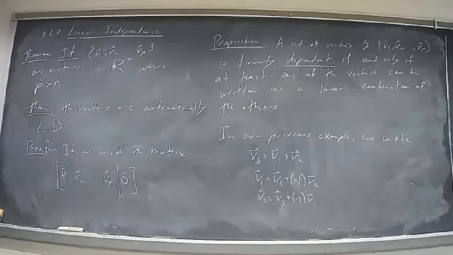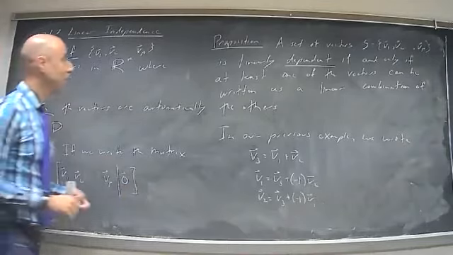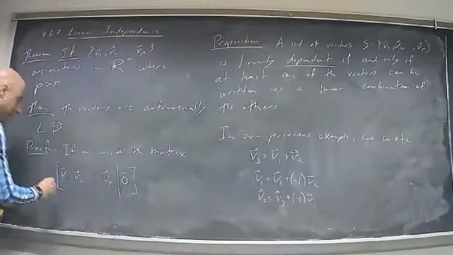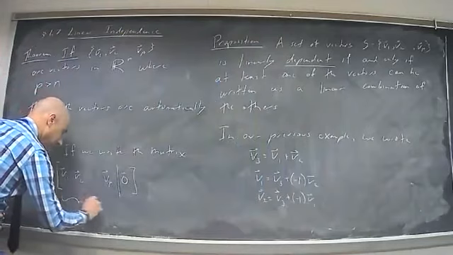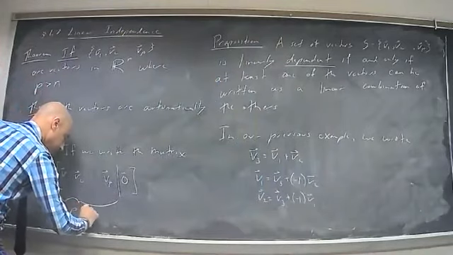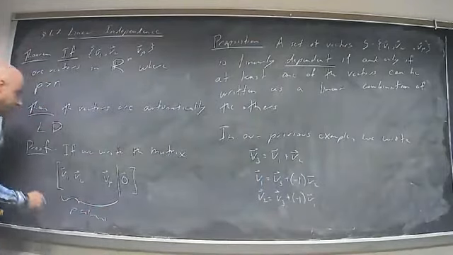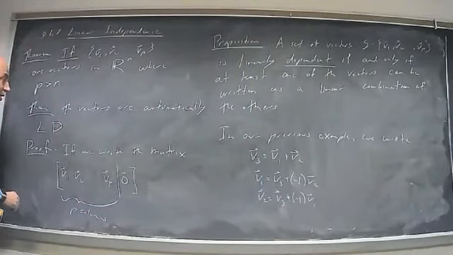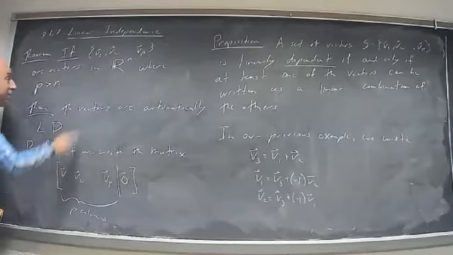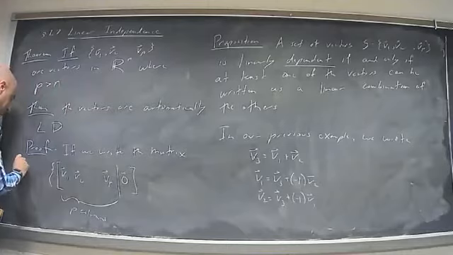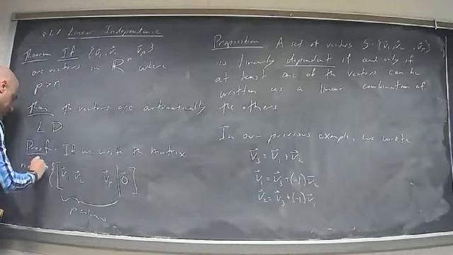So if we write that matrix, then the number of columns is p. But each of these v's is in Rn. So the number of rows is n.